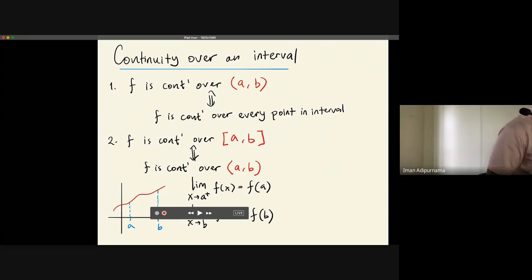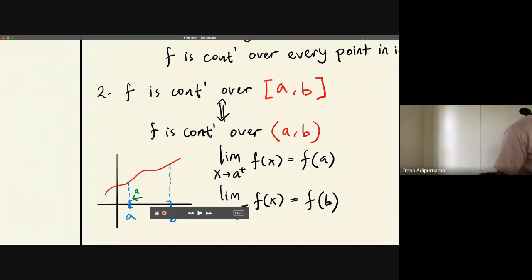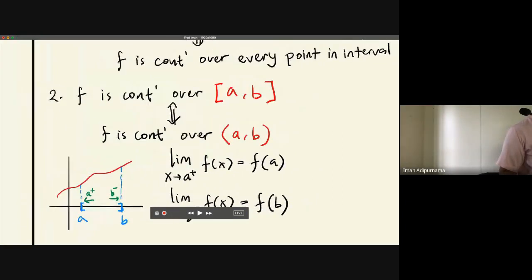But when you say closed interval [a, b], first over this interval every point is continuous, but also when you approach a from the right, a plus, and b from the left, the limit should be the same as its value f(a) and f(b).